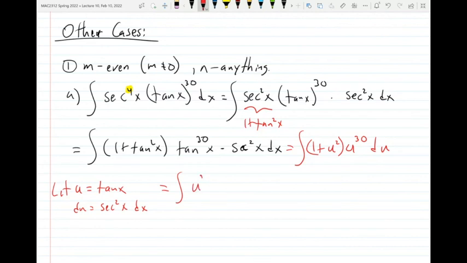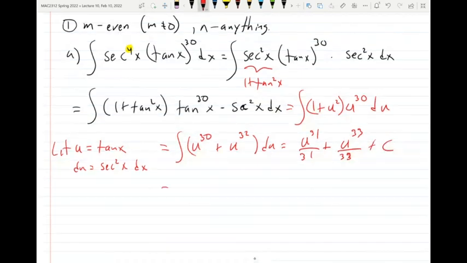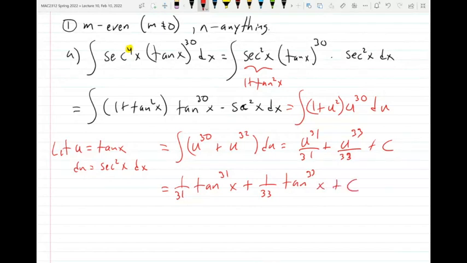So then this becomes u to the 30 plus u to the 32. So that's u to the 31 over 31 plus u to the 33 over 33. So we get 1 over 31 tangent to the 31 plus 1 over 33 tangent to the 33.